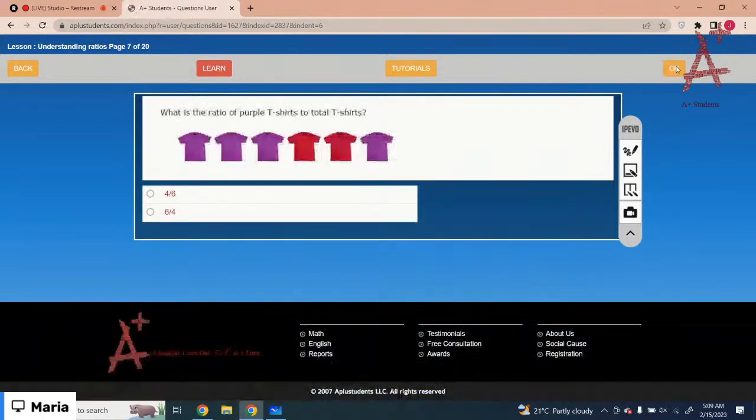Okay, the next one is what is the ratio of the purple t-shirts to total t-shirts? So which is the correct option? How many shirts are purple? Count the purple ones and then count the total.